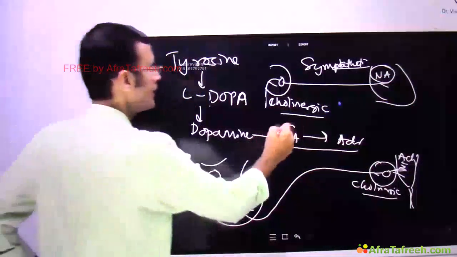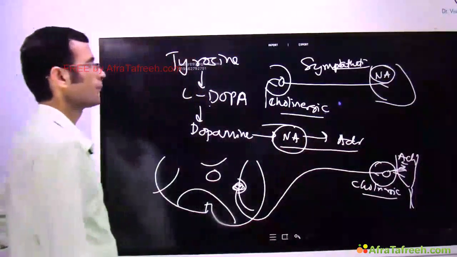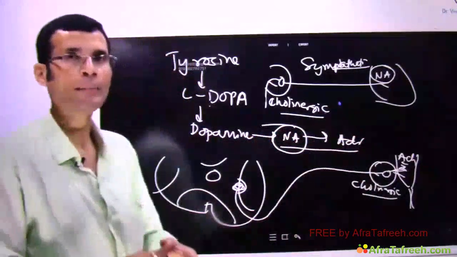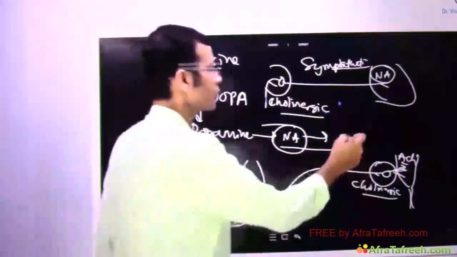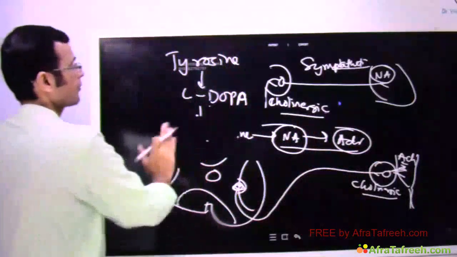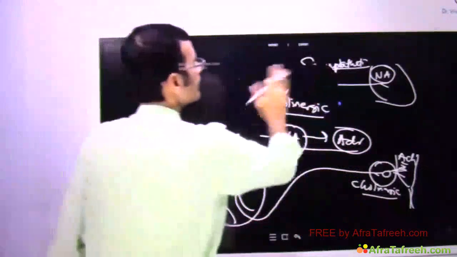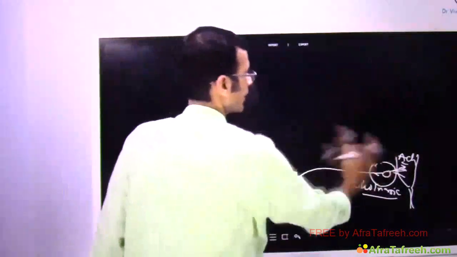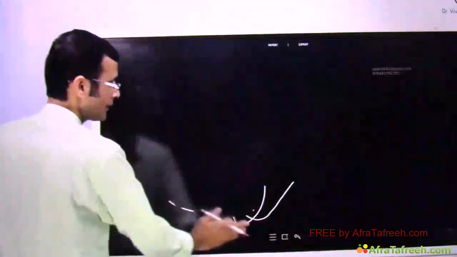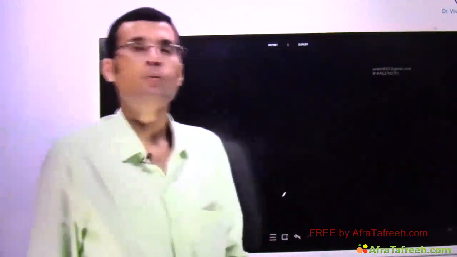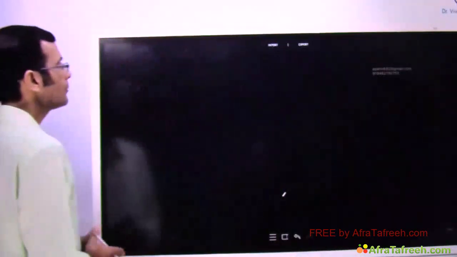So they mainly release noradrenaline, whereas the converting enzyme is present in the adrenal medulla gland. So the major secretion of the adrenal medulla gland would be adrenaline. These are the catecholamines released by sympathetic nerves and adrenal medulla gland. The nerves mainly secrete noradrenaline as the neurotransmitter.